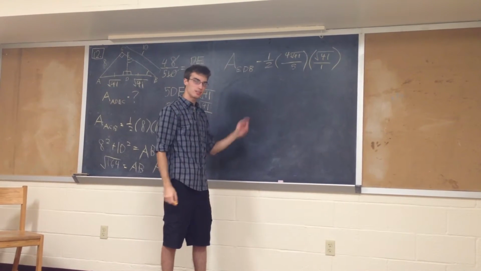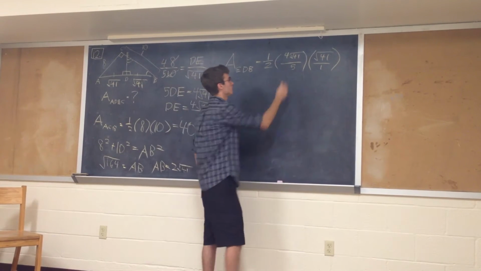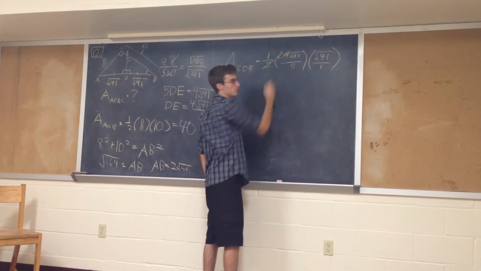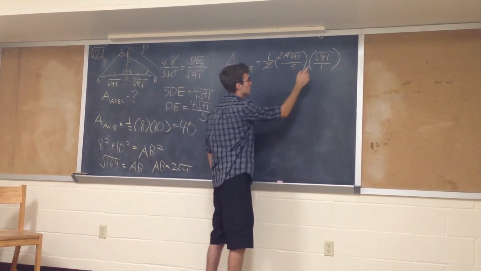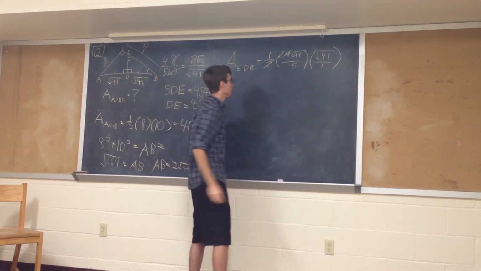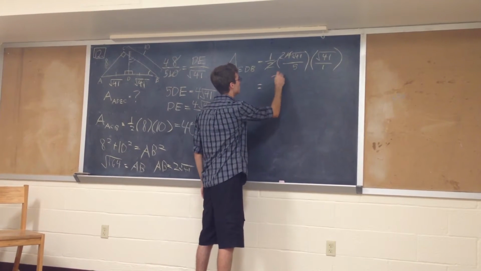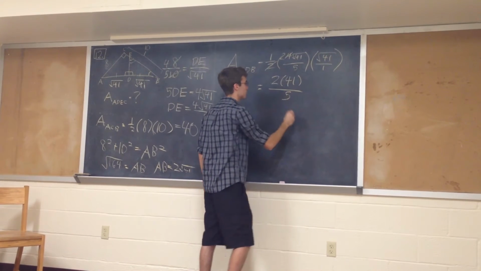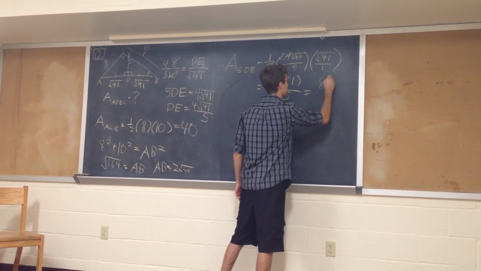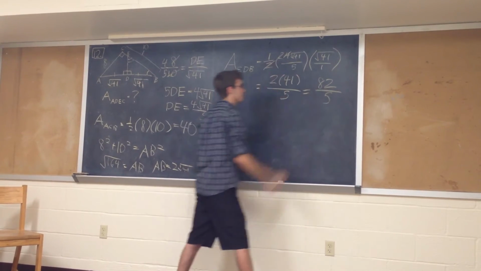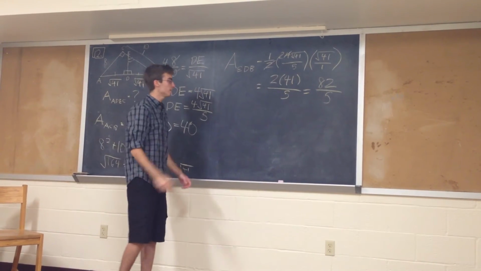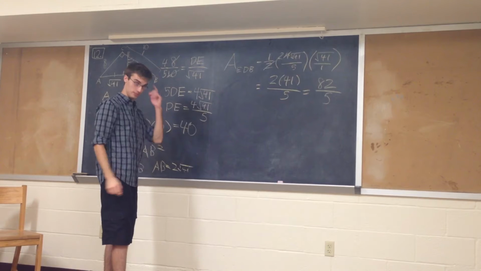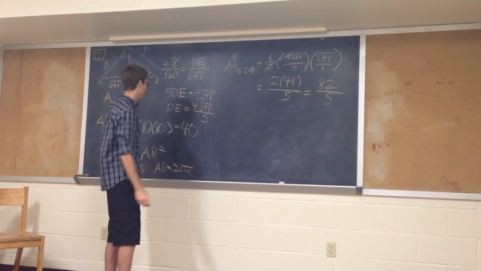And that may look kind of strange, but actually that's pretty great, because you got a 4 over 2, that's just 2. And you got a root 41 times root 41, and that's 41. So this is equal to 2 times 41 over 5. Don't forget that. And that's the same as 82 over 5. Again, looks strange. It's not. It's correct, at least from my knowledge.